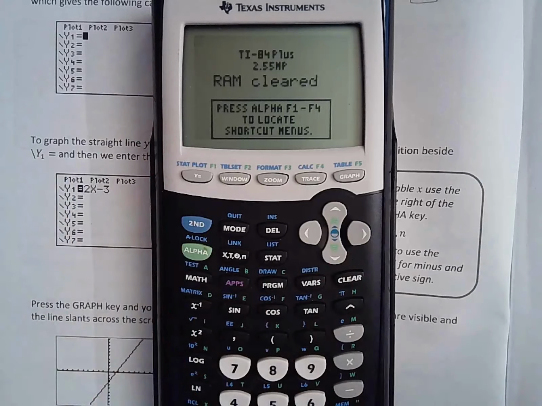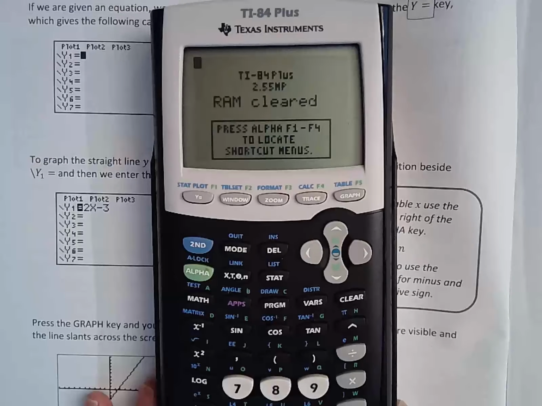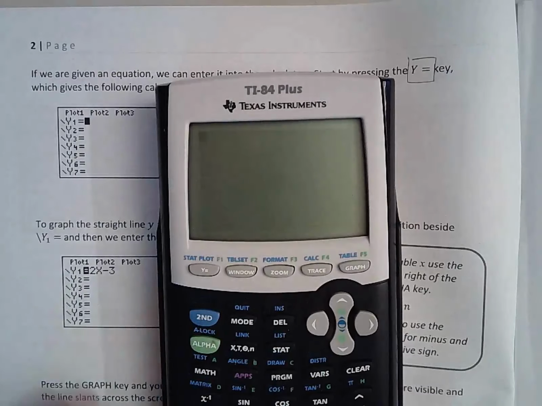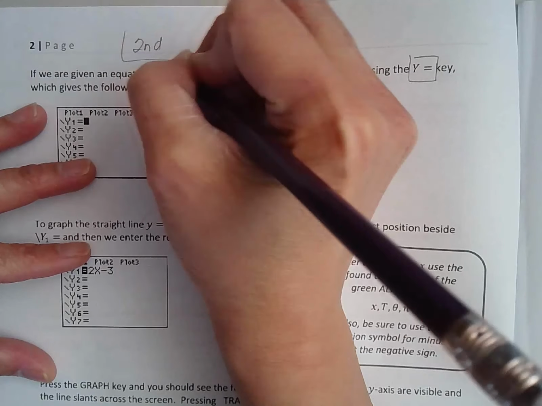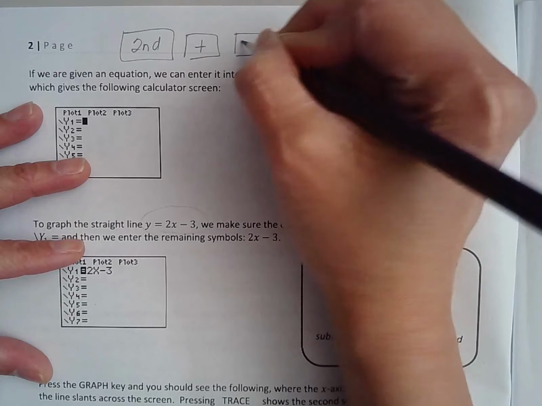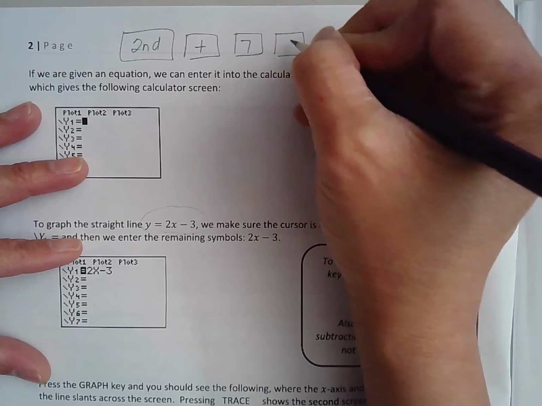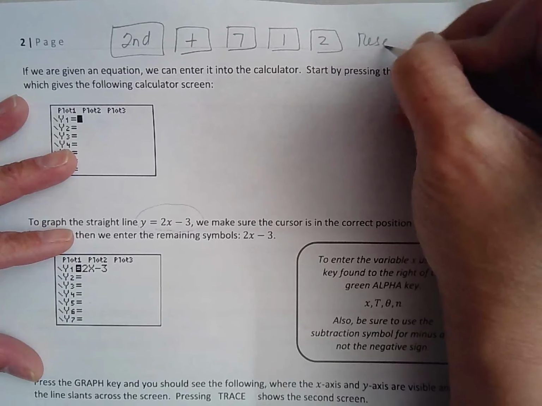Reset everything so that nothing is there because we don't know who used it. If you missed that, you're gonna go second, plus, type in 7, 1, and 2. That resets everything.